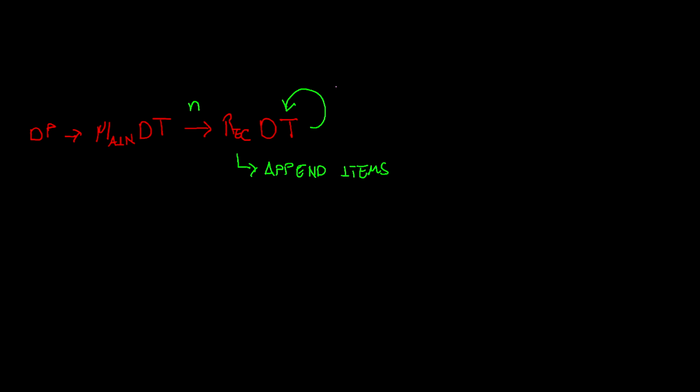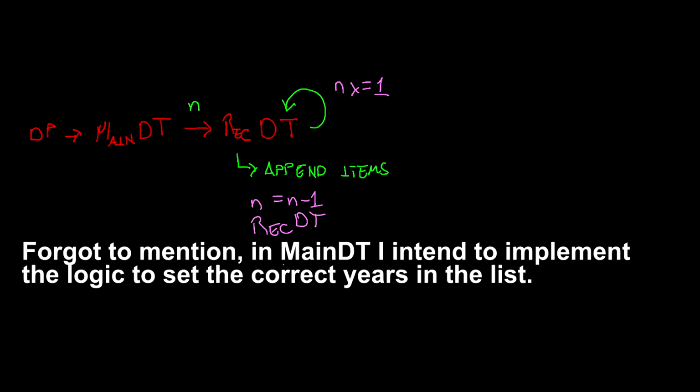So I want to check if n is less than or equal to 1. And I also want to make sure that I make n equal to n minus 1 before calling the function again, right? So before I do the recursive data transform call. So that's what I have in mind for the solution using recursion instead of an activity with data transforms. So let's get started.